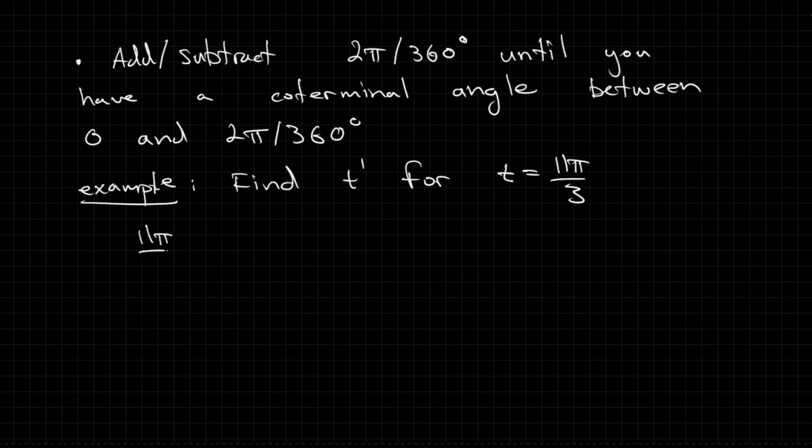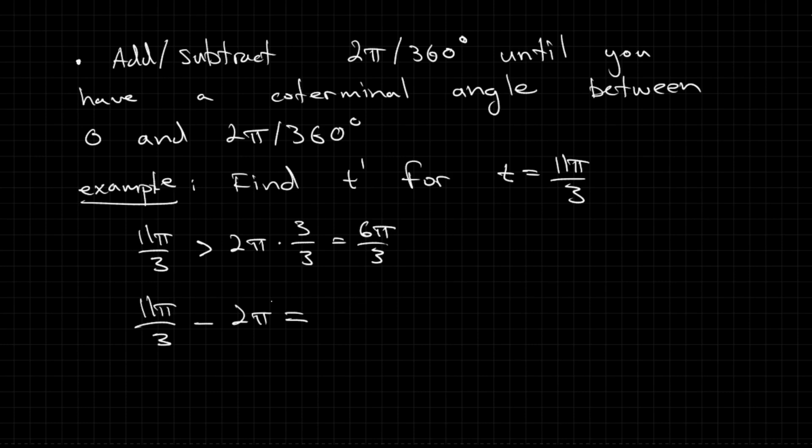How does 11 pi over 3 compare to 2 pi? To compare, I'll multiply by 3 over 3, which is 6 pi over 3. Clearly, 11 pi over 3 is bigger than 6 pi over 3 because 11 pi is larger than 6 pi. So I'm going to take 11 pi over 3 and subtract 2 pi from it, and I'm going to get a coterminal angle.